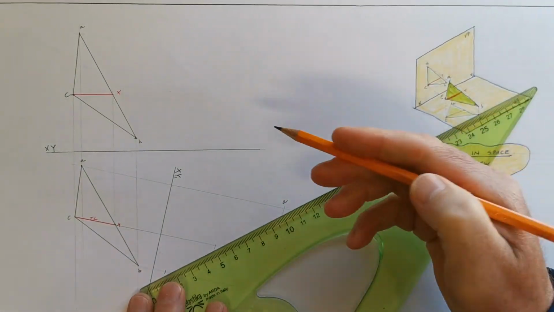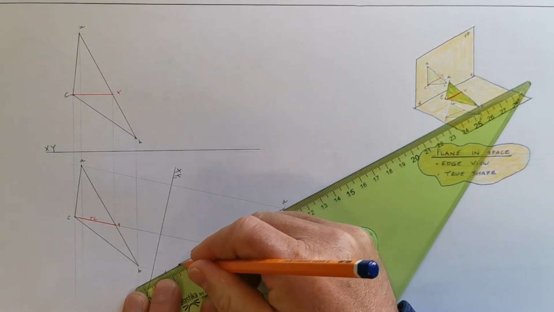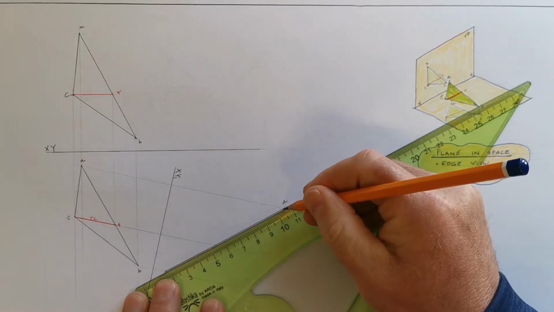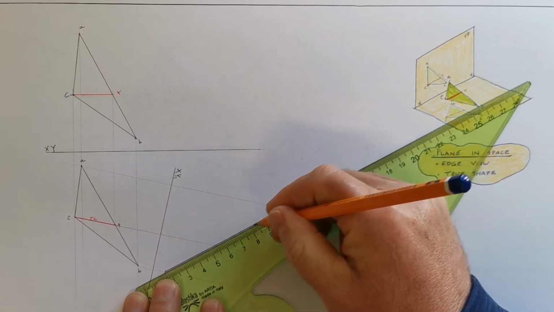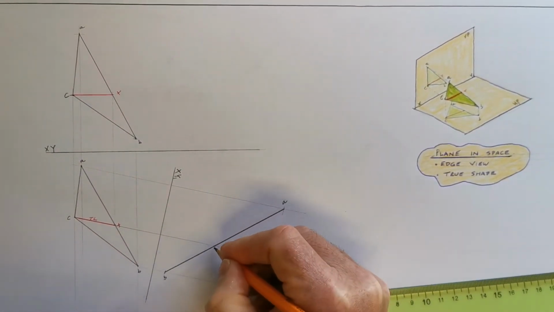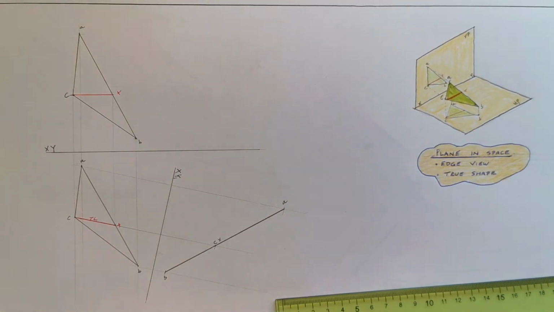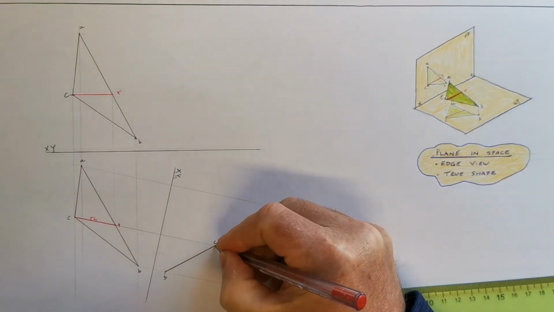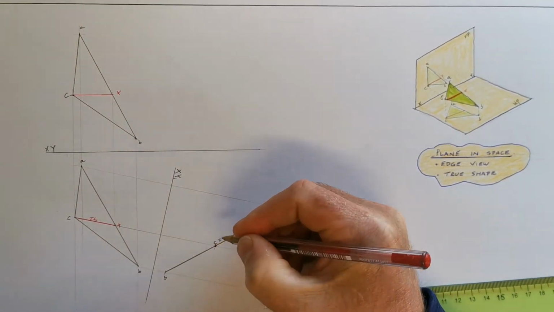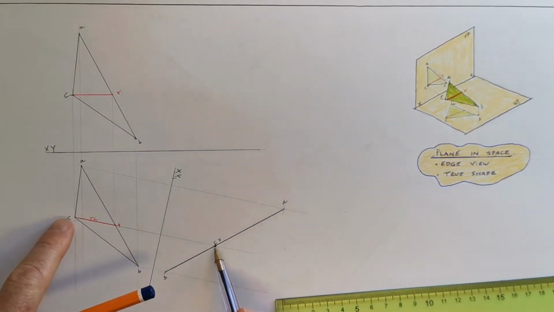Now, when I join these, we see there I have a perfect edge view. I'll just label this A and B and C. I'll actually call that CX. And I'll just put in here that red dot, because what we're seeing now is a point view of that line.